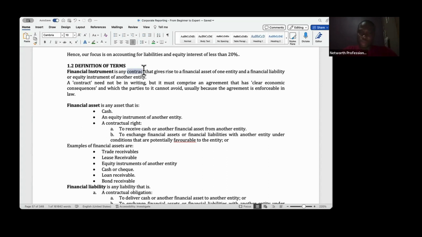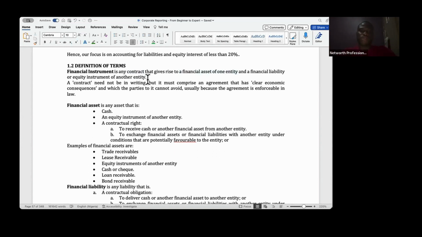That's extremely important. Now, this contract we are talking about will give rise to a financial asset of one entity and a financial liability or equity instrument of another entity. So what we're saying is this: when you have a contract, there must be at least two parties, two parties minimum. It could be more than that.